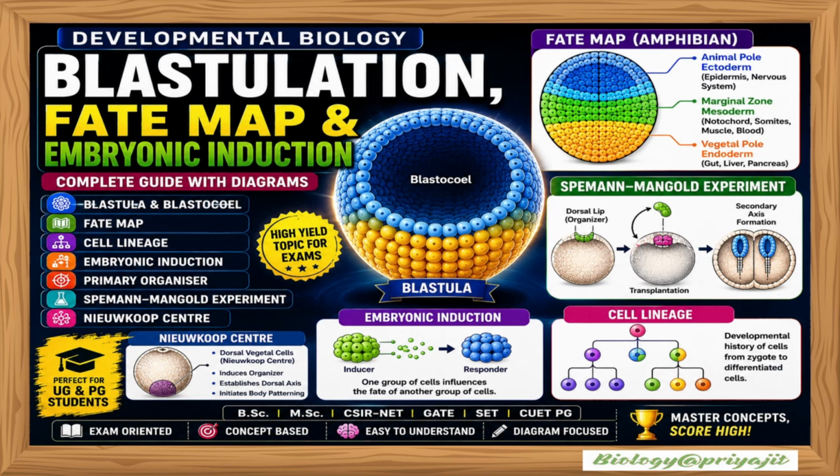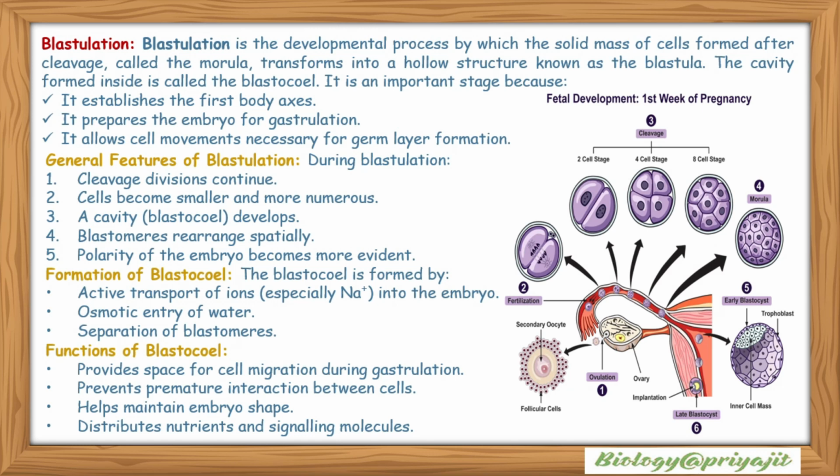Today, we are going to explore one of the most fascinating topics in developmental biology: blastulation, then fate map, cell lineage, embryonic induction, primary organizer, Spemann-Mangold experiment, and Nieuwkoop Centre. And I think by the end of this video, embryology will feel much easier and more interesting to you. Let's start. Blastulation.